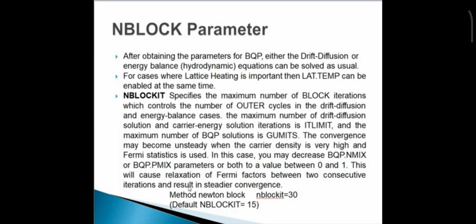This will cause relaxation of Fermi factors between two consecutive iterations and result in steadier convergence. In the proposed nanowire FET structure, I am using nblockit equal to 30. By default, the value of nblockit is 50.